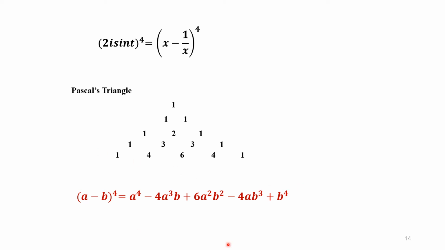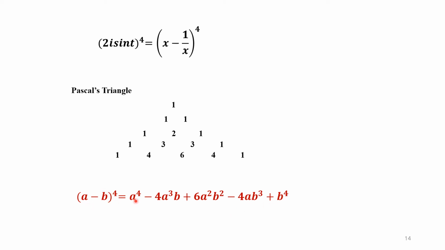Okay, this is the way to write the binomial expansion. First write the coefficients. Then if you have plus, write plus everywhere. If you have minus, then the first term is positive, and then alternate plus and minus. Then write the first term a raised to 4. Then go on reducing the power of a. If it is 4, next we'll have 3, 2, 1 and 0.